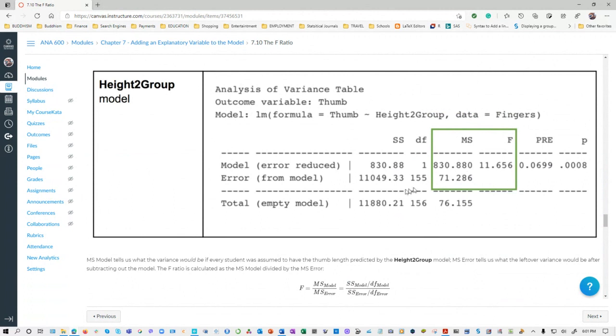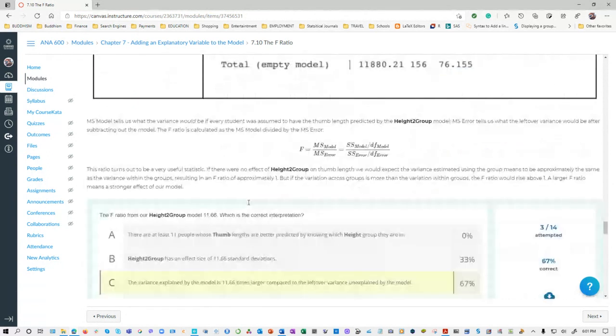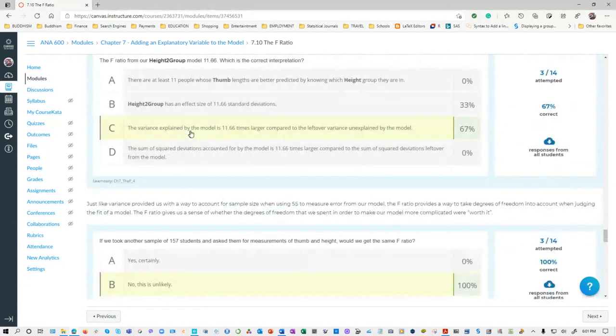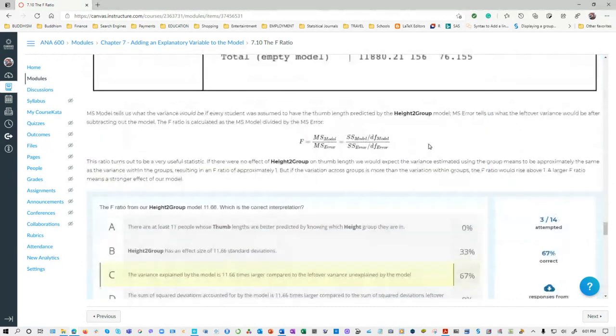But this time we are not going to take into account the empty model. Within this model, we look at how much variation has been explained compared to the leftover variance unexplained.